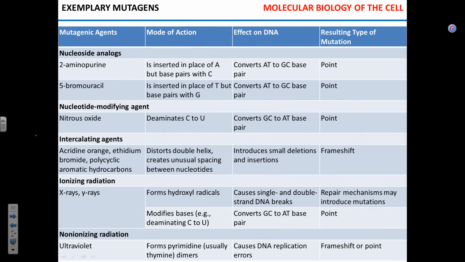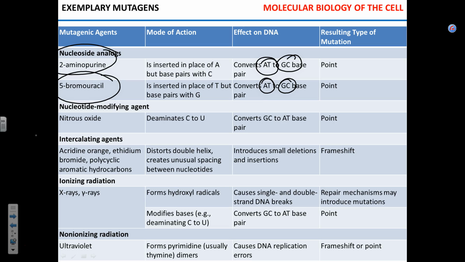Now, those are some exemplary mutagens. So analogs of nucleosides. They convert one base pair to another. Okay, they are inserted.